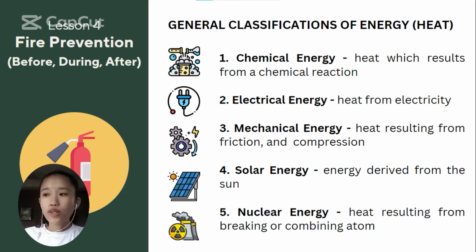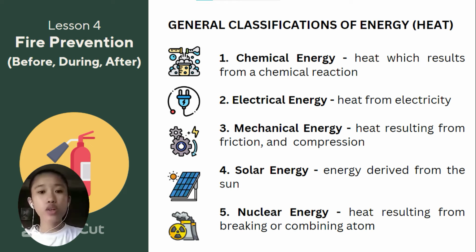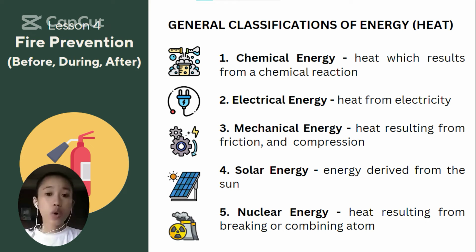So this time we're going to talk about the general classifications of energy or heat. First, chemical energy, which results from a chemical reaction, and this reaction is called exothermic. Another definition of chemical energy is energy stored in the bonds of atoms and molecules. Some examples of chemical energy are batteries, natural gas, petroleum, biomass, and coal.